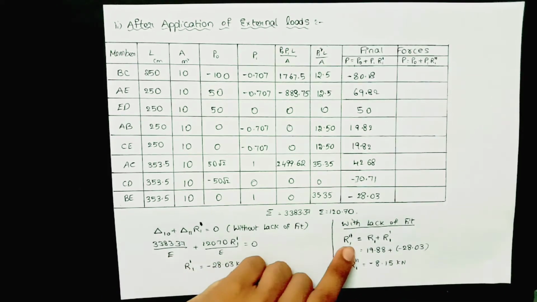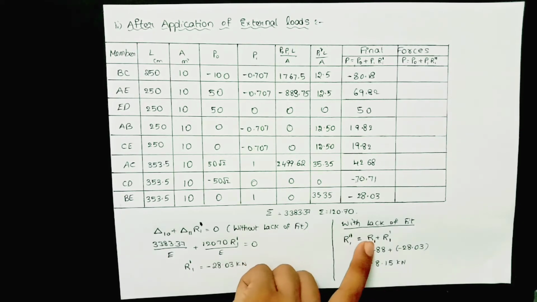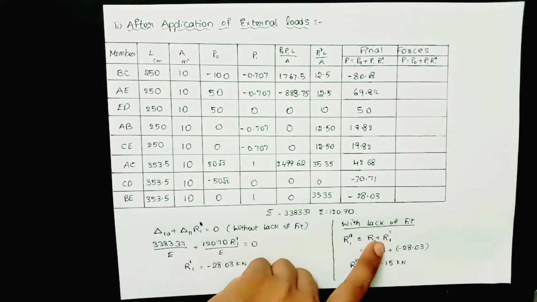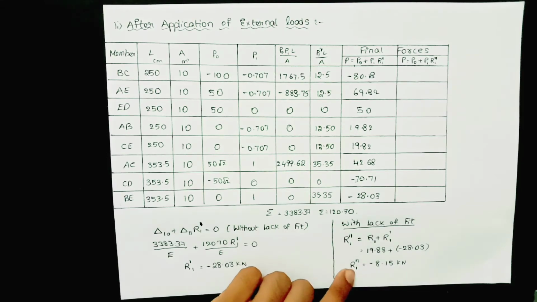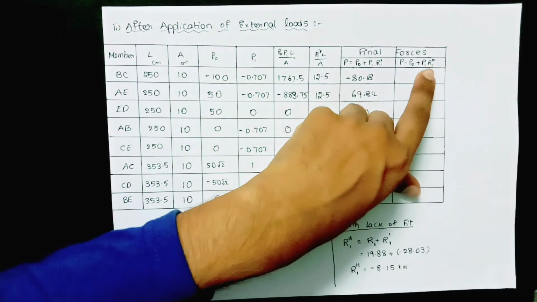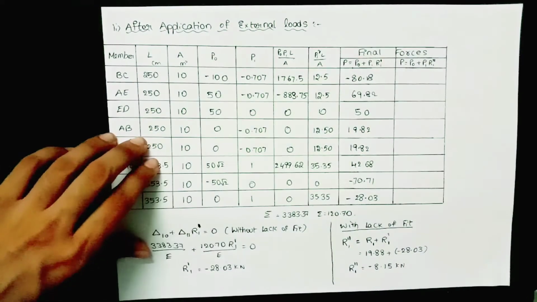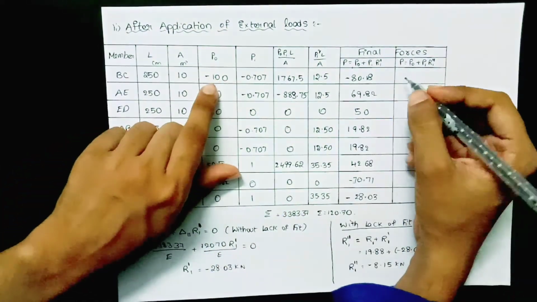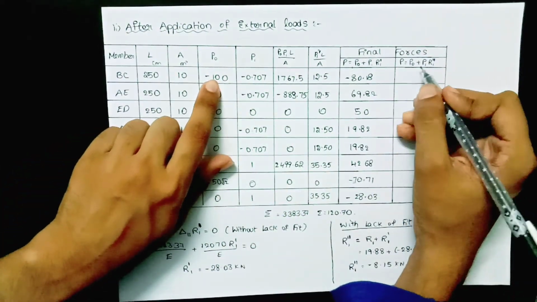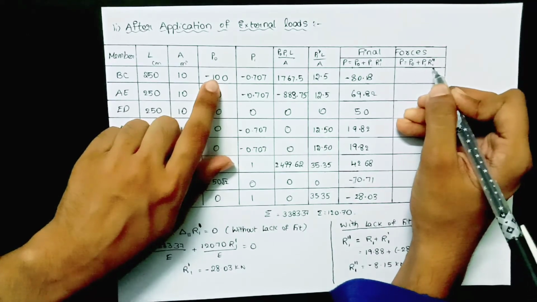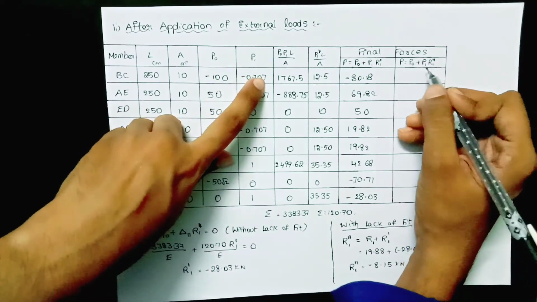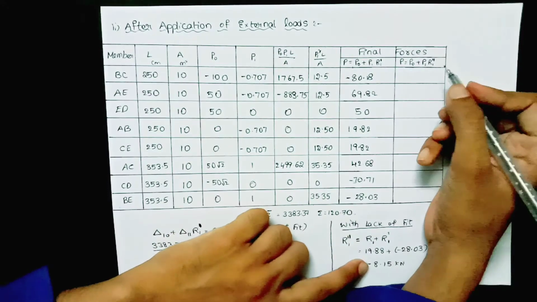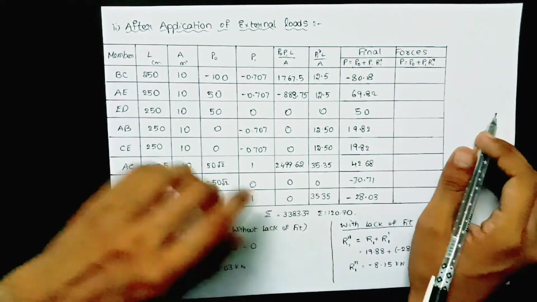So remember one thing, r1 double dash is for lack of fit. So in order to obtain this value, we are adding the r1 value and r1 dash value. Now place this r1 double dash value in this equation and find out the forces. So similarly the p0 value for member BC is minus 100 plus p1 into r1 double dash, that means minus 0.707 into minus 8.15 kilonewton.